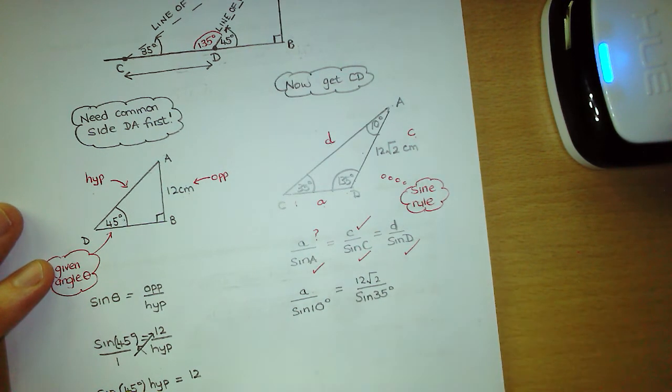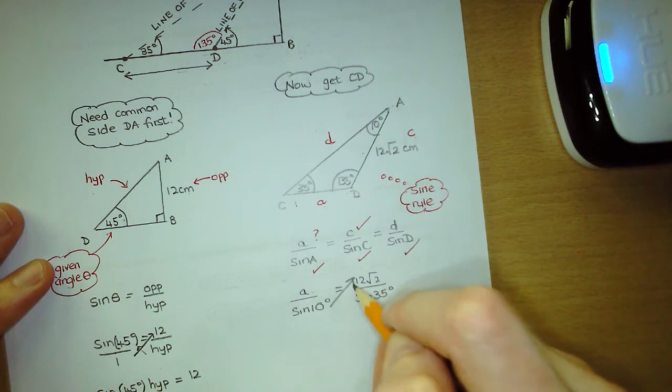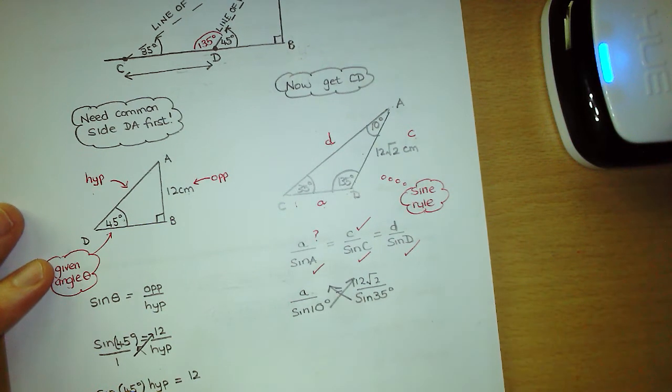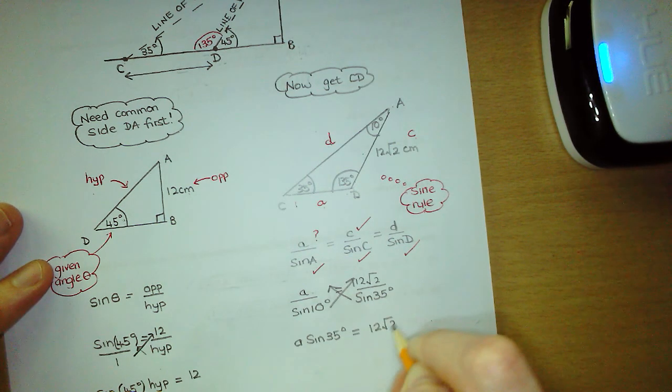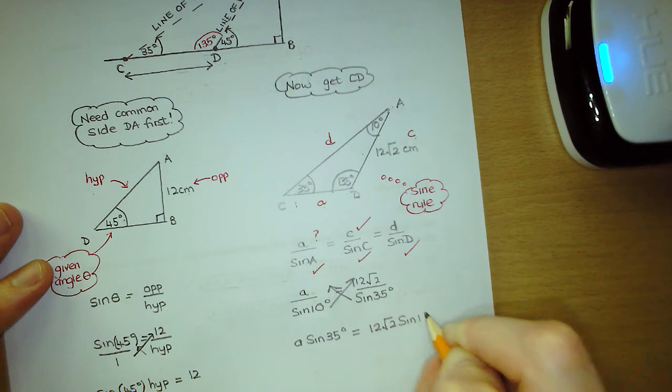So we've got one fraction on each side, so we're going to cross multiply. So we're going to have a sine 35, and that's equal to 12 root 2 sine 10 degrees.